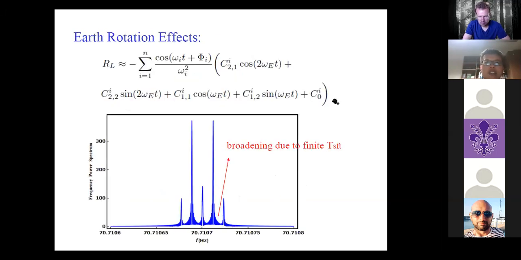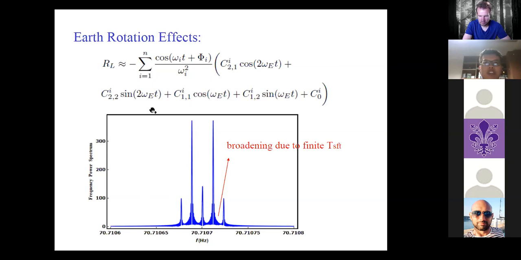In our simulation, we also include the Earth rotation effect. If there is one dark photon dark matter plane wave, one would expect the signal in frequency space to be a single peak. However, after including the Earth rotation effect, this one peak is split into 5 peaks, and the frequency difference between two neighboring peaks is the Earth rotation frequency.